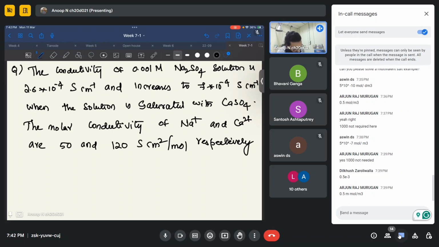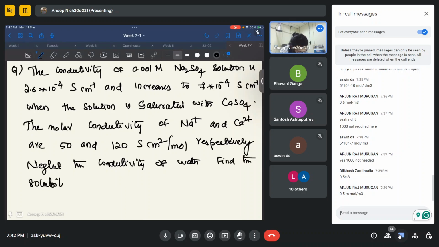Neglect the conductivity of water. Find the solubility product of CaSO4.